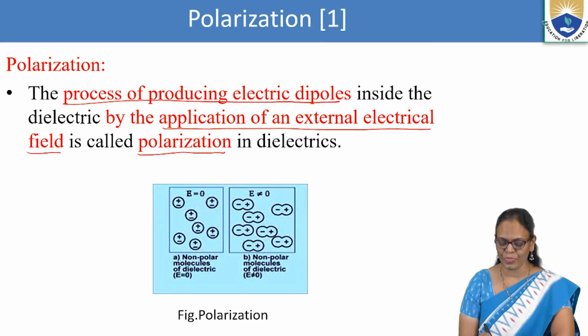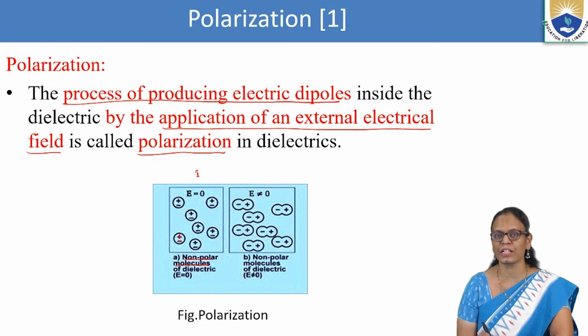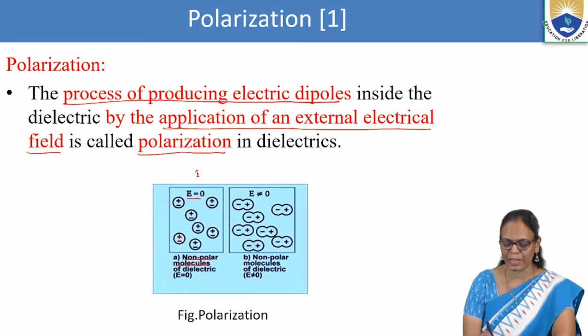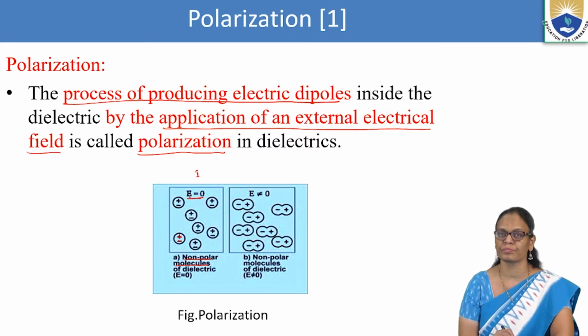In the first part of this diagram, we are seeing non-polar molecules, where the positive and the negative charges coincide with each other. The center of gravity of the positive charge and the negative charge coincide with each other. This is without the application of an electric field.